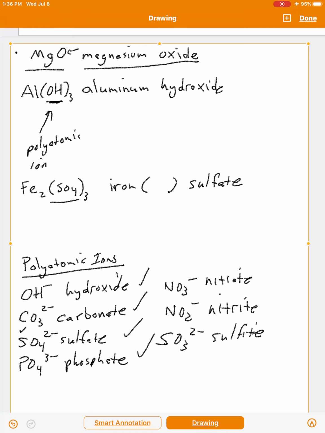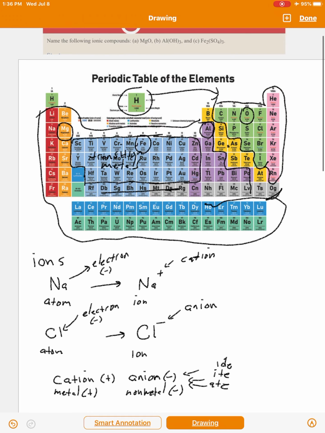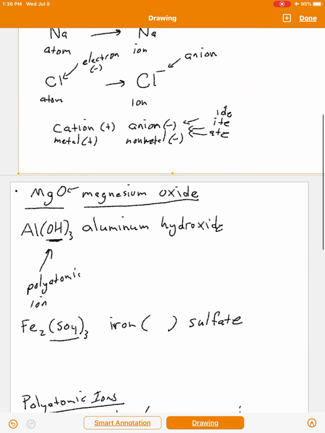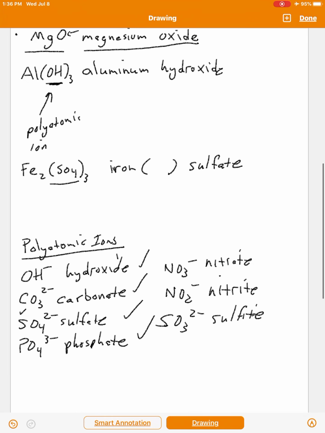Iron sulfate. Now here's the tricky part. If it's a transition metal, meaning if it's one of these elements here in the middle, all the way through zinc, then you have to indicate the charge of the ion. And here's how you go about figuring that out.